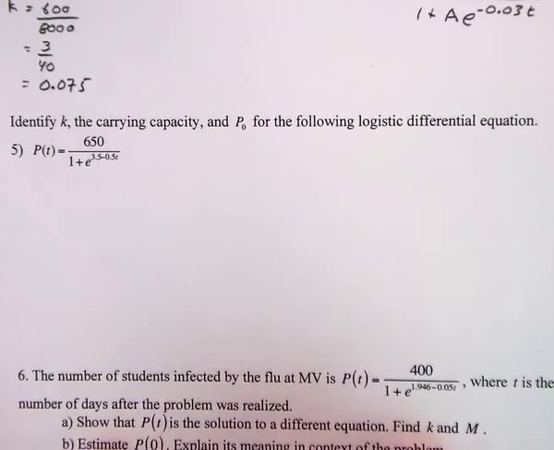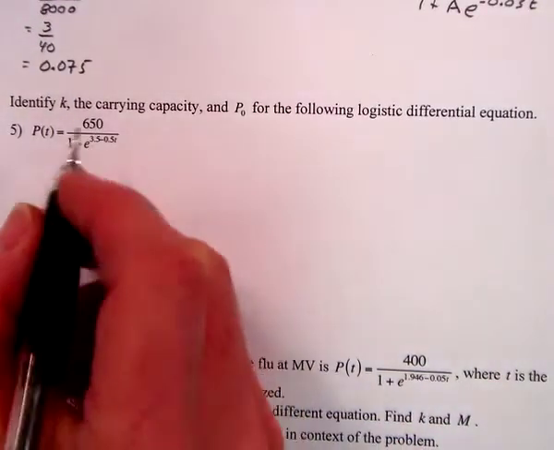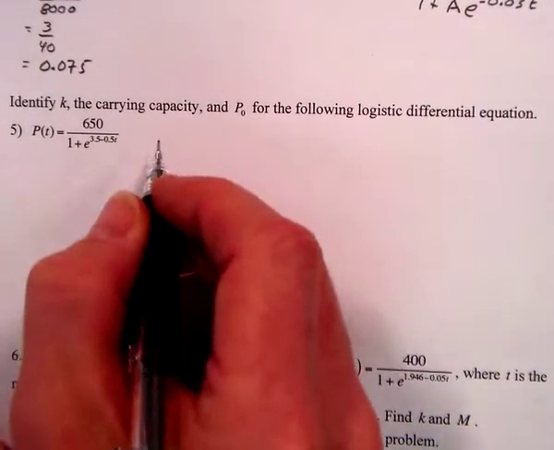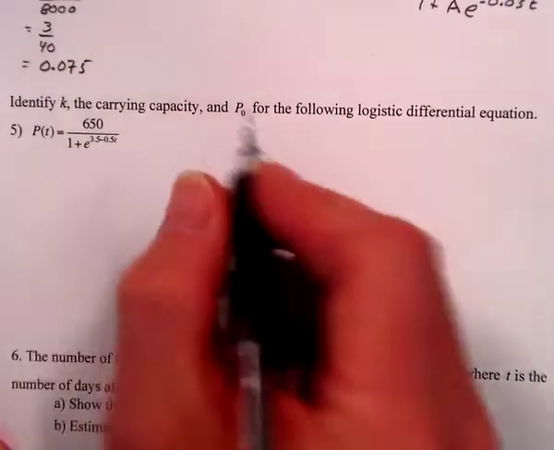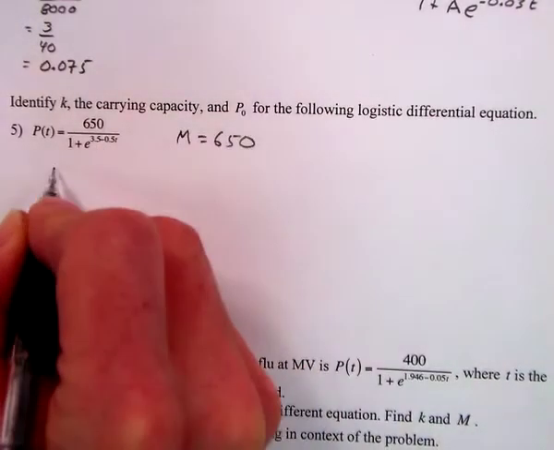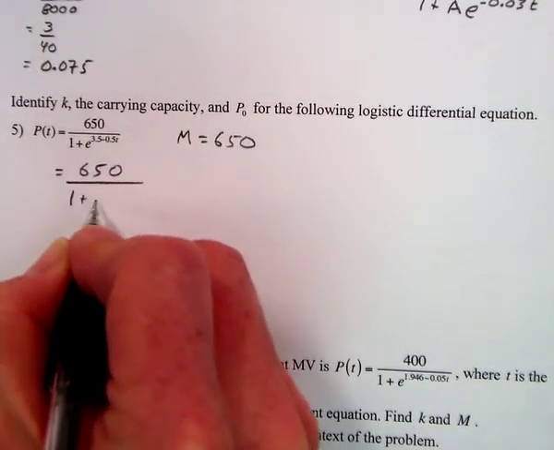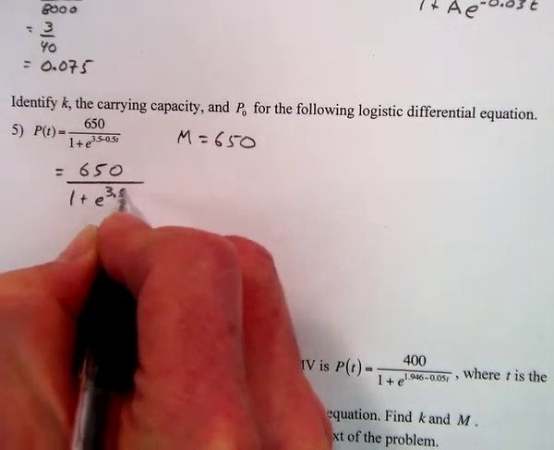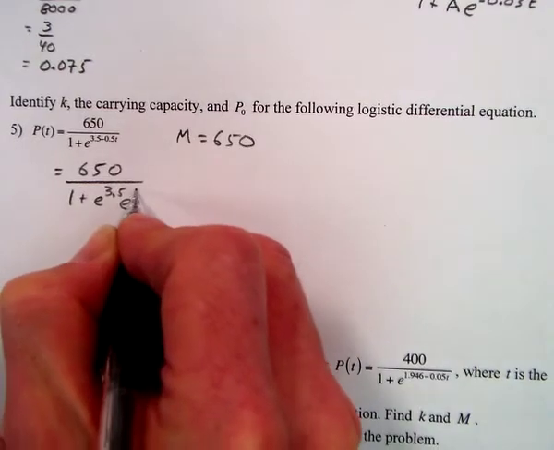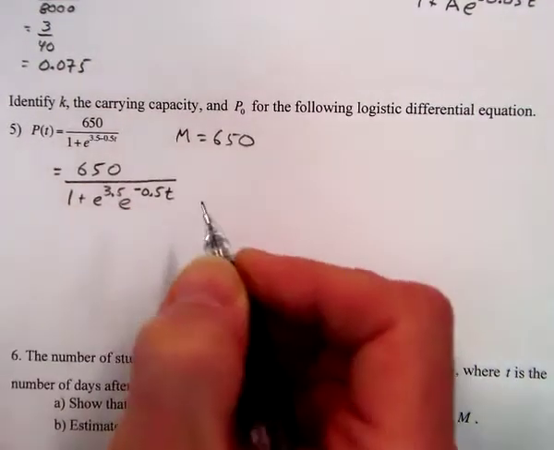Identify K, the carrying capacity, and P sub 0, the initial value, for the following logistic equation. By looking at it, you can see that our carrying capacity is going to be 650. We already have the basic setup. Let me rewrite it just a little bit, and we'll say e to the 3.5 times e to the negative 0.5t.